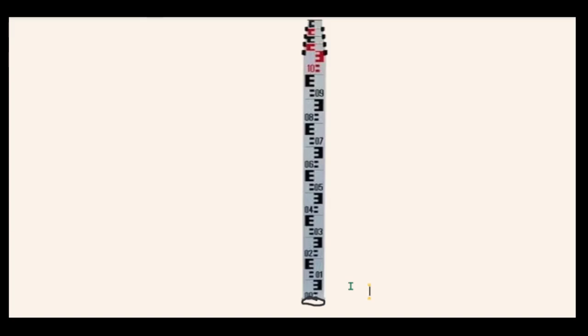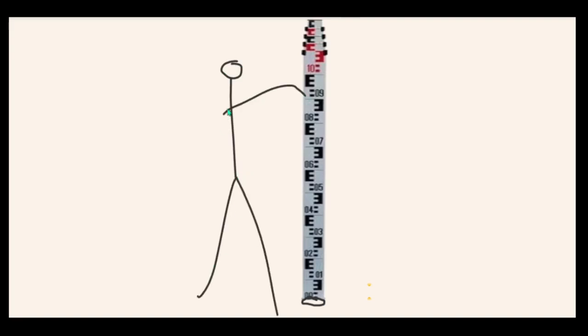Other instruments we can use to erect this staff. You know that on the other hand, somebody is actually holding the staff, for another person here to view through it.